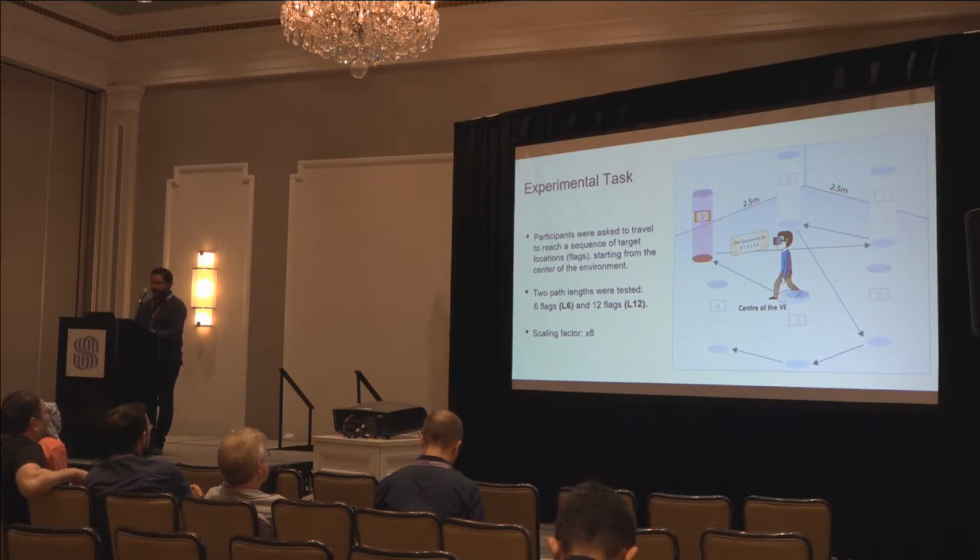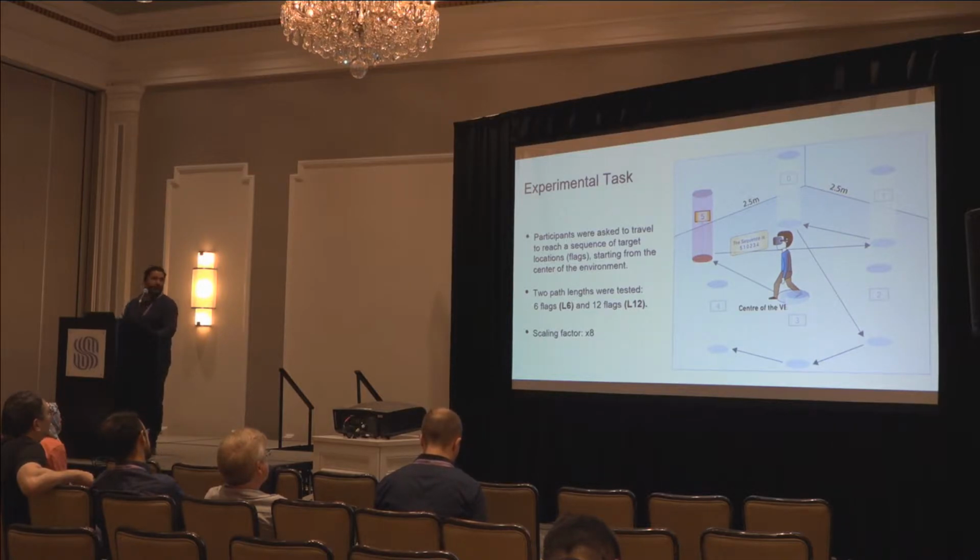We used 6 flags spread around the environment, and we asked participants to follow semi-randomized sequences. We used 2 path lengths: the first sequence following 6 flags, and the second following 12 flags. We used a scale adaptive technique in the experiment, with a scale factor of 8 in the environment.